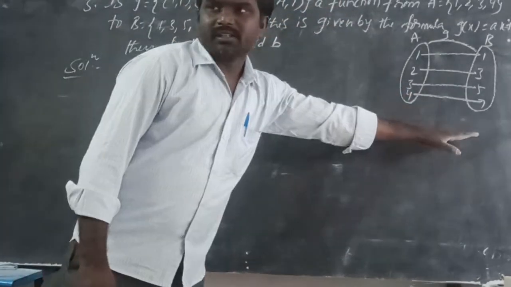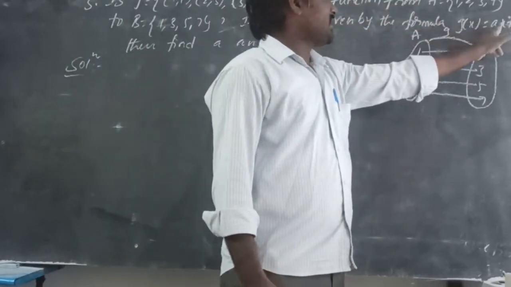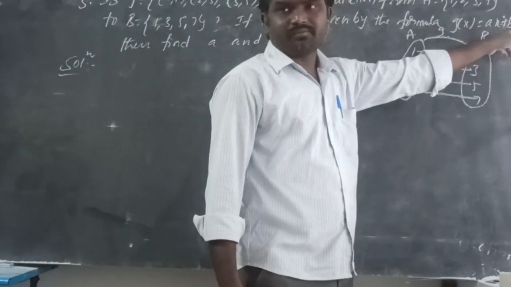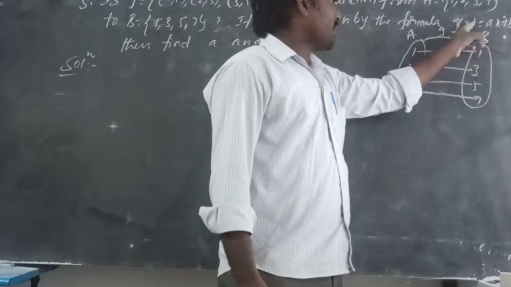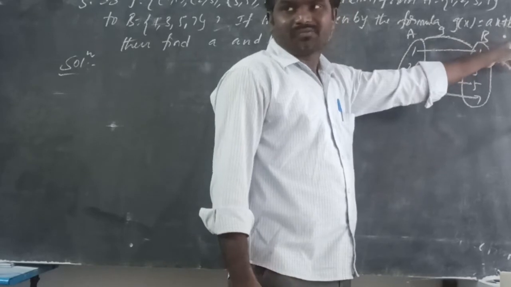If this is given by the formula g of x is equal to ax plus b, that means we can put the domain values in to get the range.